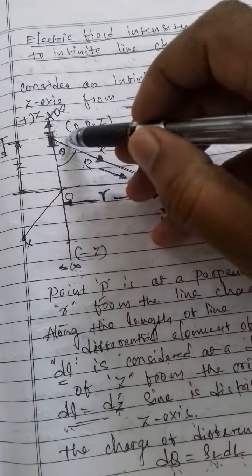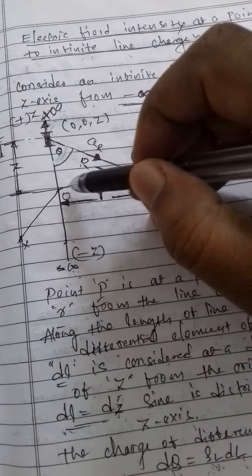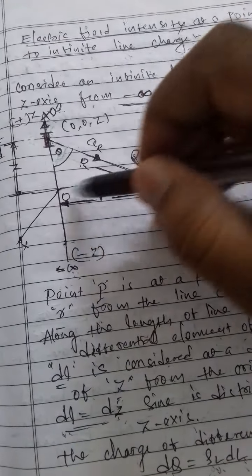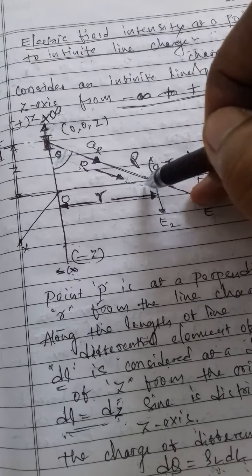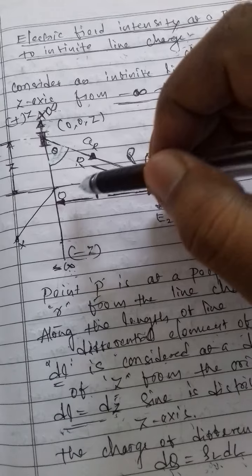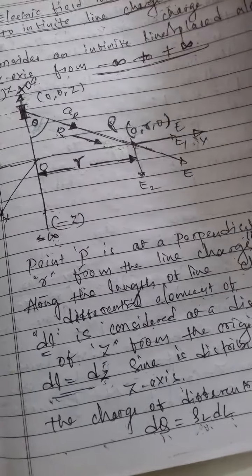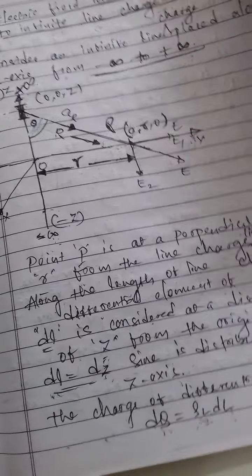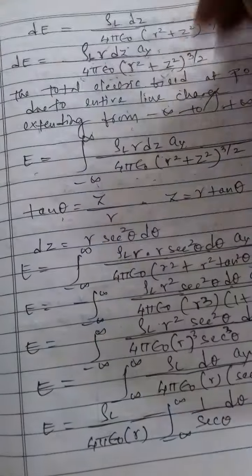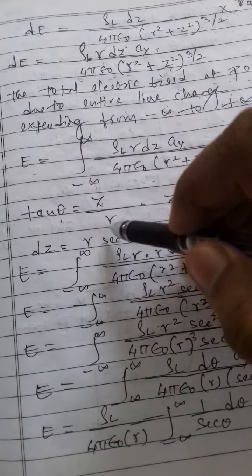From this triangle, it is a right angle triangle, so tan theta is equal to z by r.